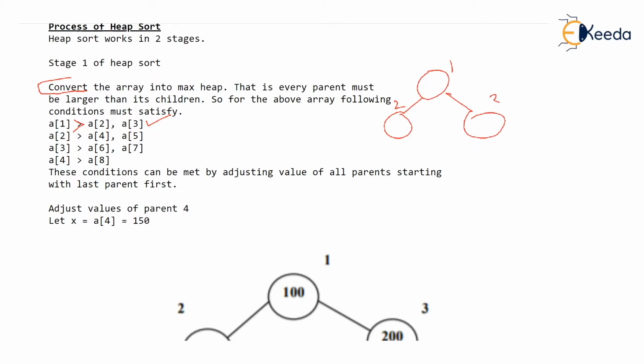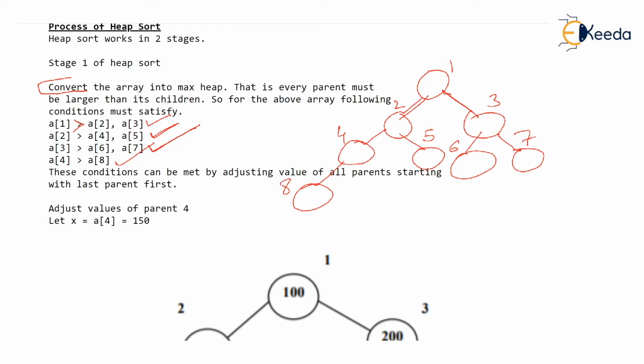Similarly, A2 should be greater than A4 and A5 because the second node is the parent of the fourth and fifth. At the same time, the third value A3 must be greater than A6, A7, because the third node is the parent of 6 and 7. And the fourth value must be greater than the eighth value because the fourth node is the parent of 8.